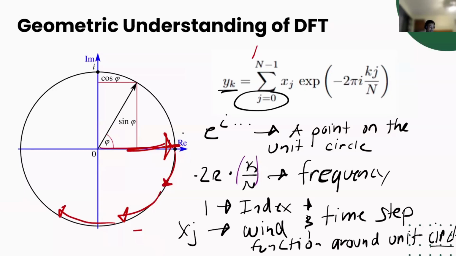And I keep going all the way until I hit my final time step. So I may cross the original starting point, or I may not. But what's important is that when I sum these terms, do the values constructively interfere with one another, or do they cancel out? And this is what the Fourier transform is asking.